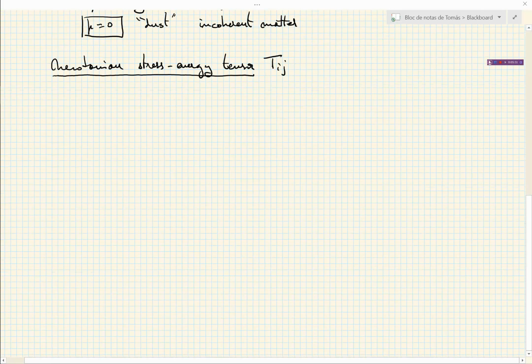This stress energy tensor, similar to the energy momentum tensor, describes energy and momentum.